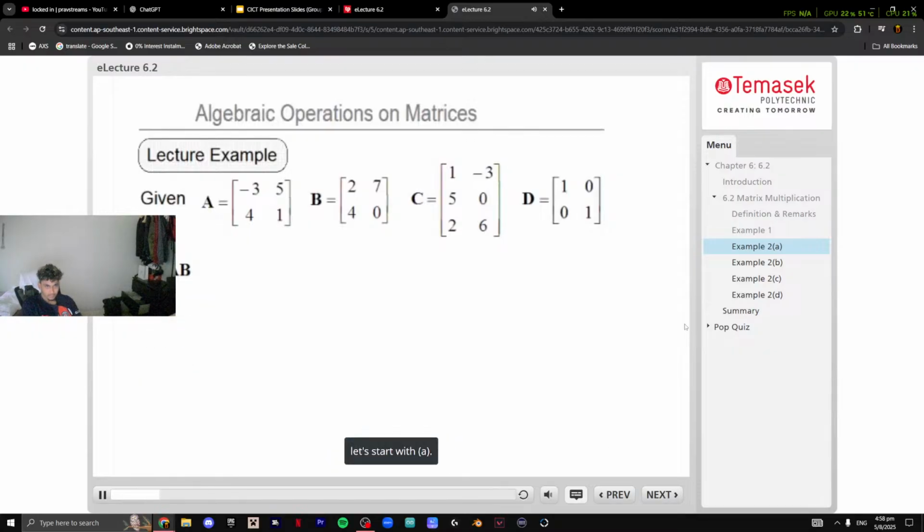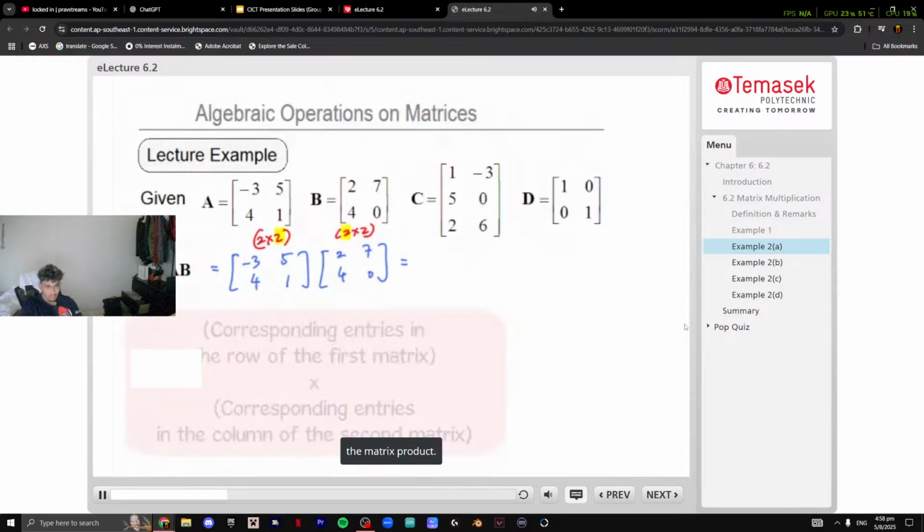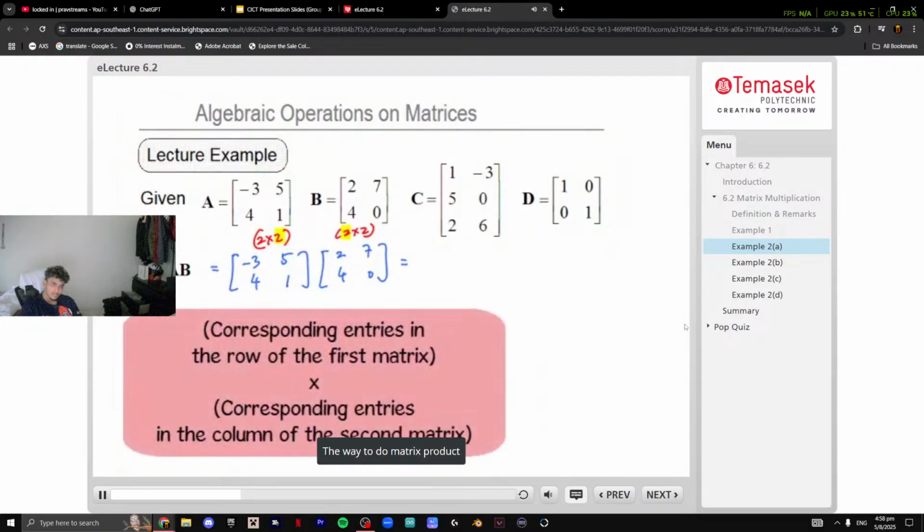Let's start with A. A times B. This is conformable for matrix product, so let's evaluate the matrix product. The way to do matrix product is to multiply the corresponding entries in the row of the first matrix to the corresponding entries of the column in the second matrix and add them.